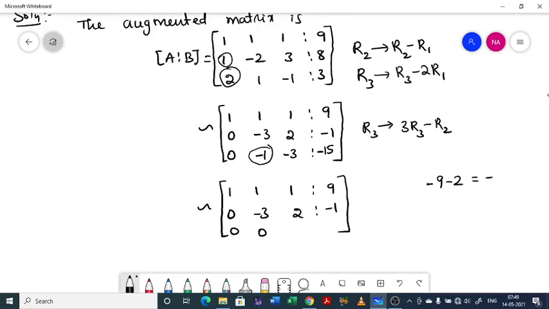Sorry, it is actually minus 11. And minus 15 into 3, that is minus 45, plus 1, so minus 44.